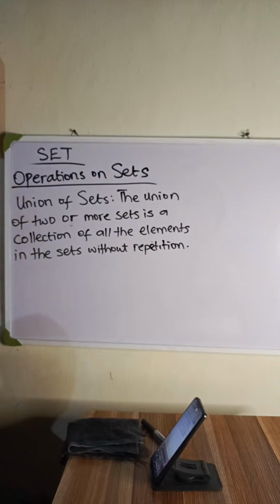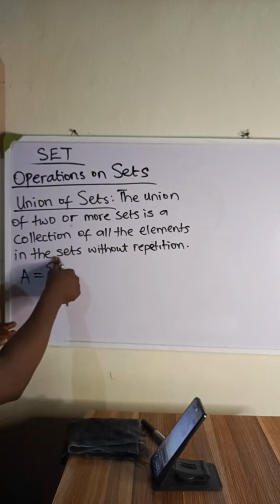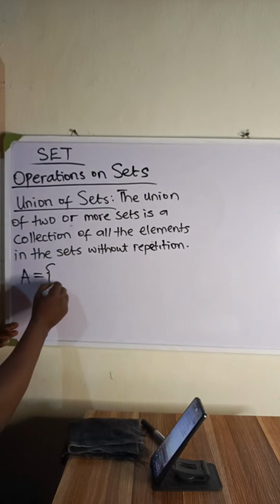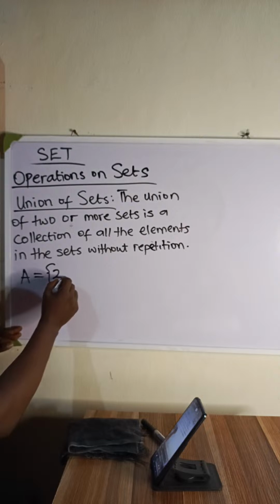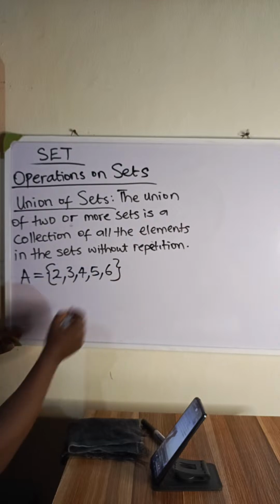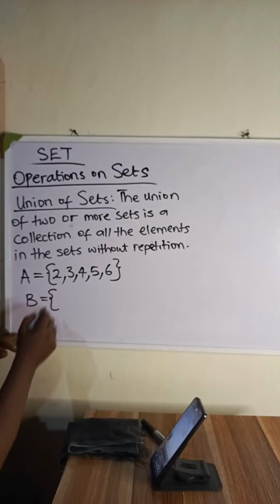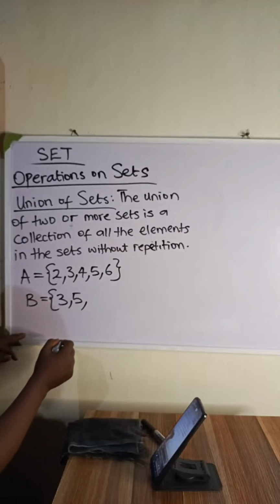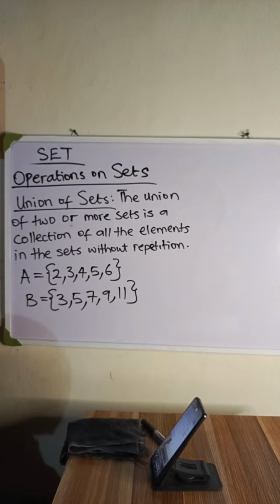So let's say we have set A: 2, 3, 4, 5, and 6. Set B: 3, 5, 7, 9, 11. Okay, so these are two sets under consideration.